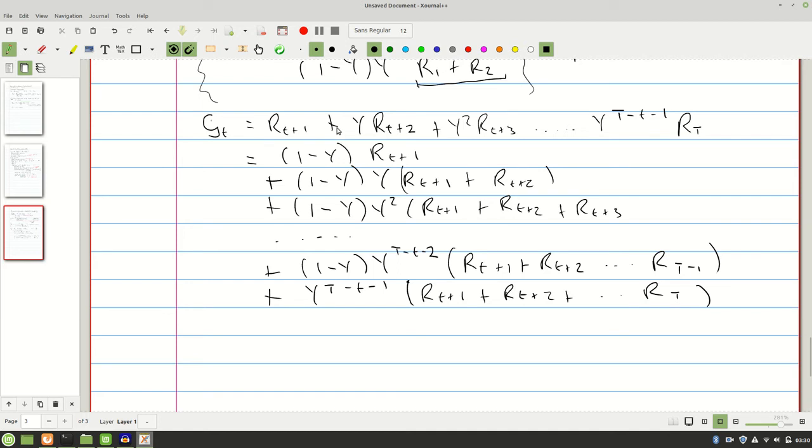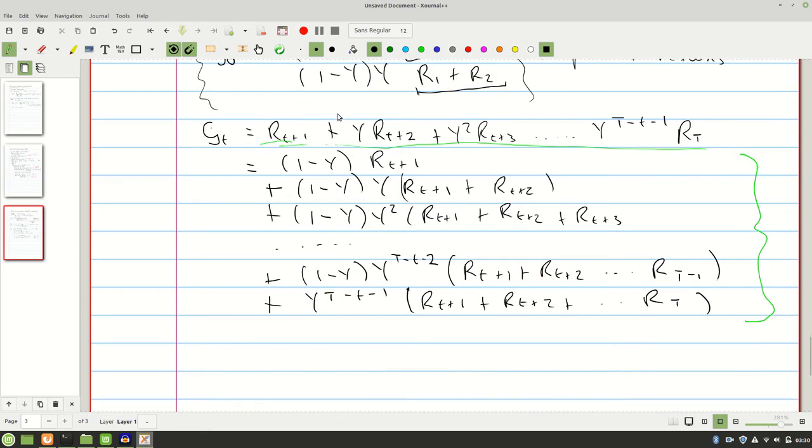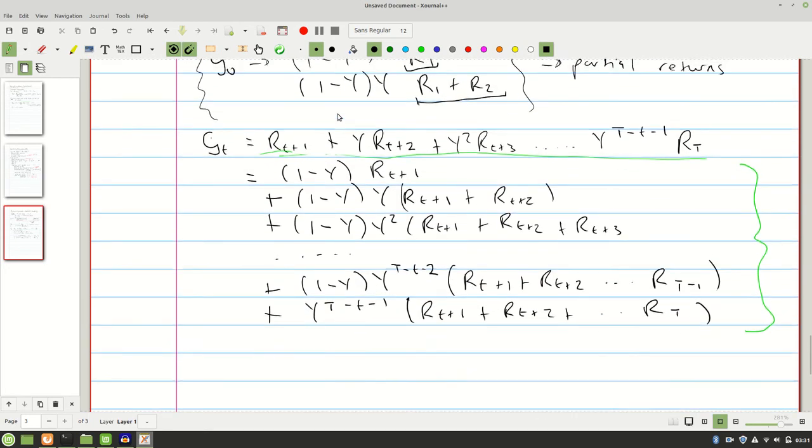So essentially what we're saying is that we can rewrite the equation you see here using what we see over there. And we call these our partial returns. They are going to be helpful in becoming more aware of our discounts when we're doing importance sampling.